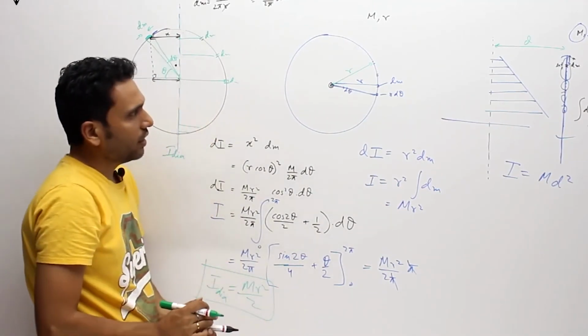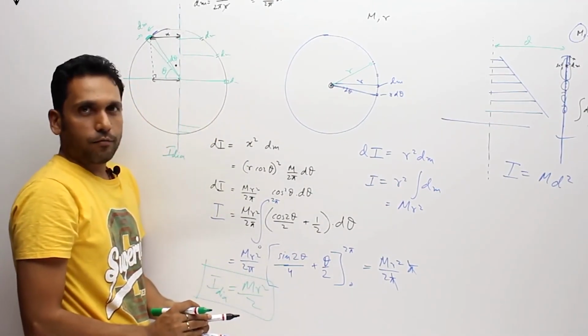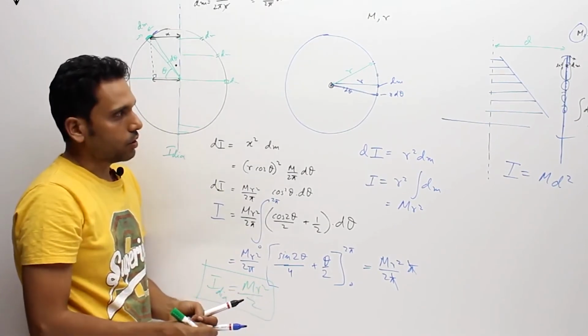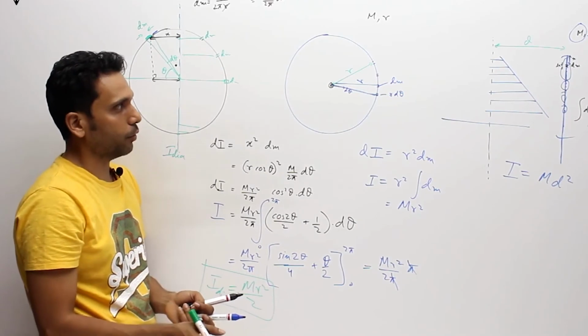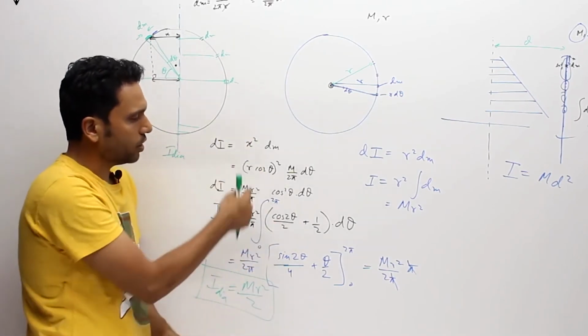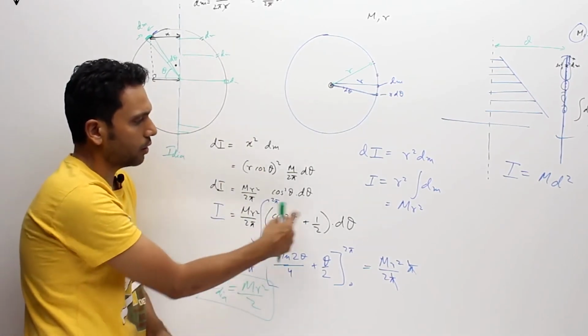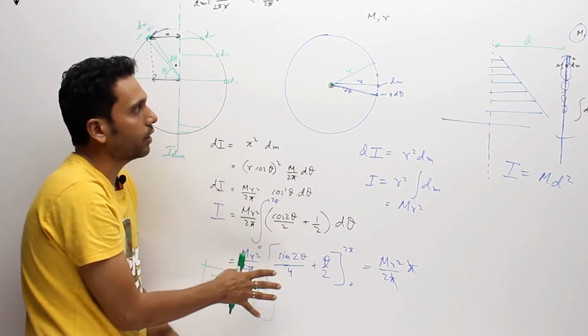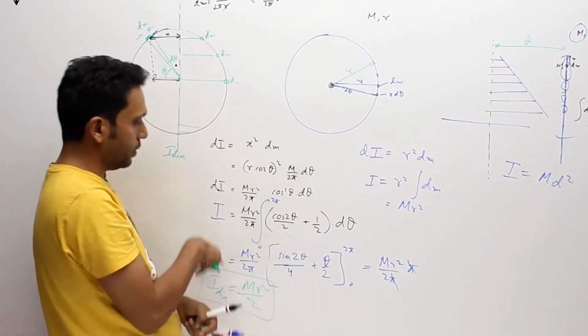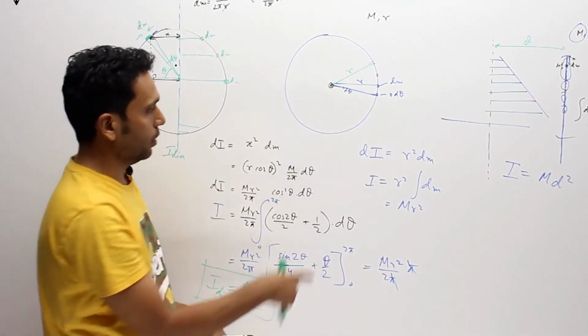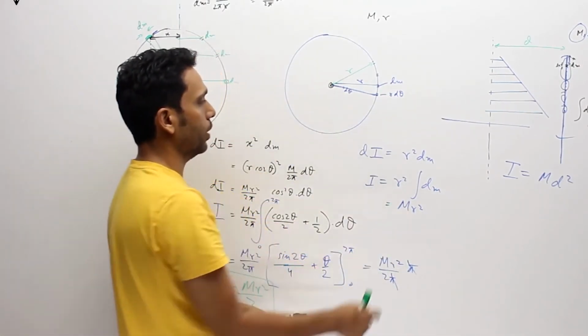And fortunately, if we have learnt all the other theorems, particularly the perpendicular axis theorem, which we are going to do, then we didn't have to do this integration. It might look a little troublesome over here. Our knowledge of the perpendicular axis theorem would have given us the answer of mr square by 2 directly if we knew this mr square.